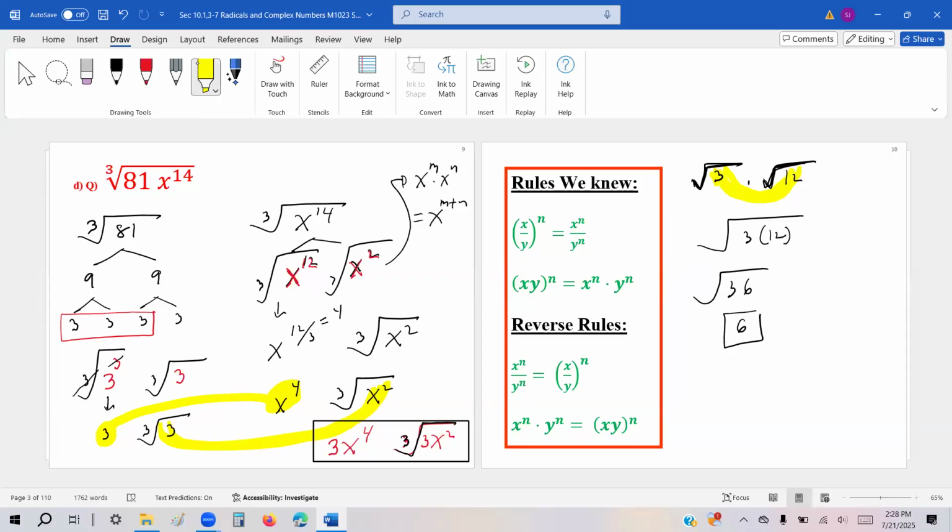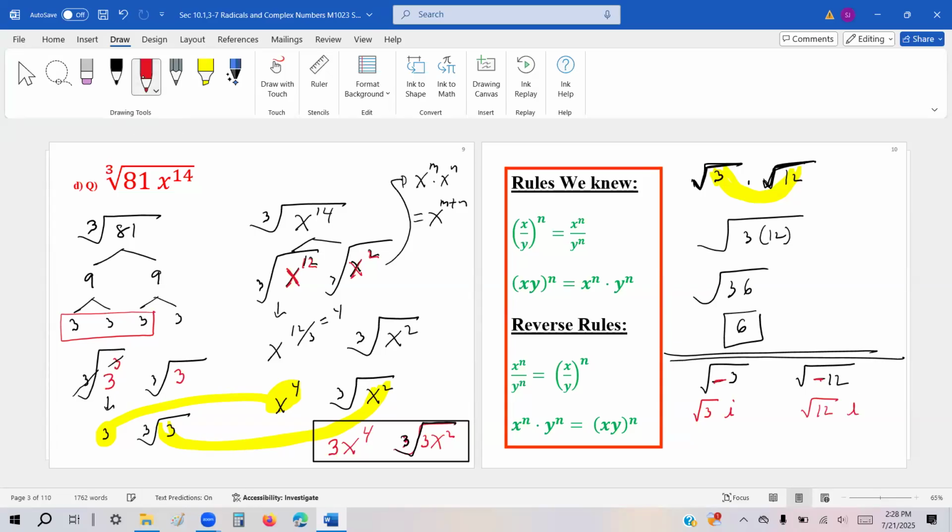But if the radicand is negative, you cannot multiply them until you take out the negative as i. For example, if you have square root of negative 3 times square root of negative 12, now you cannot multiply. You have to write square root of 3 i times square root of 12 i, because this turns into i, and this also turns into i.